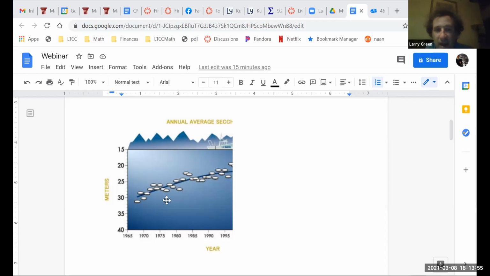Any questions on what a scatter plot shows? Okay, now here's a tough little question. If you imagine the best line that would go through these points, you can't find a line that goes through all of them, but the line that is the best fit is what we call it. Do you think it has a positive slope or a negative slope?